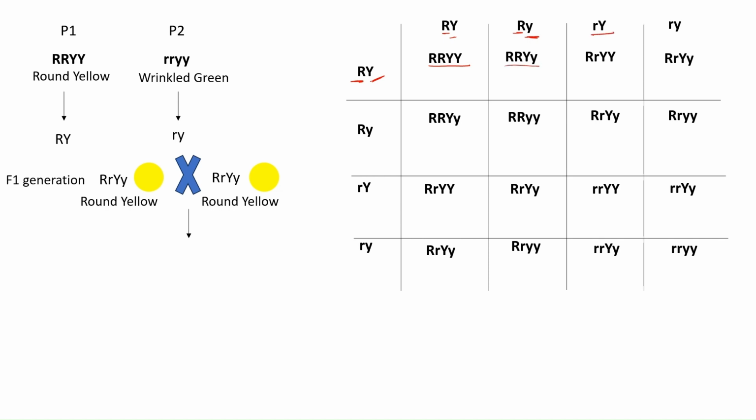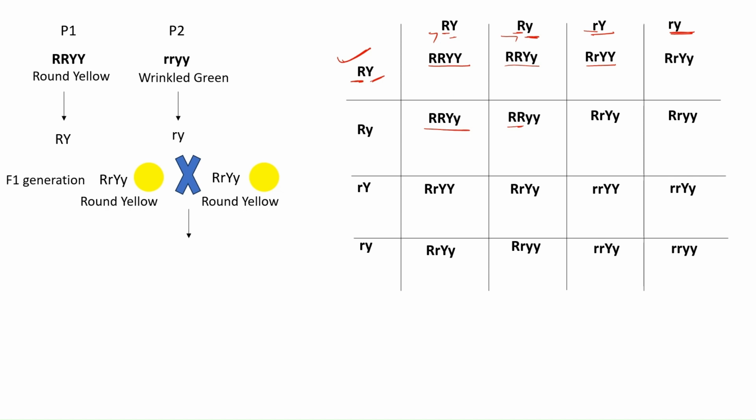For this, again from here capital R, from here small r, capital Y. For this one and this one, again the first one, capital R, capital Y, small y. Now come to this one. You have to add both of these, so capital R, capital Y, small y. For this column, you have to add these two, so capital R, small y. Like this, you have to fill the columns.